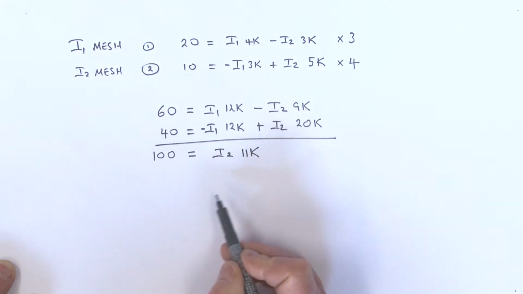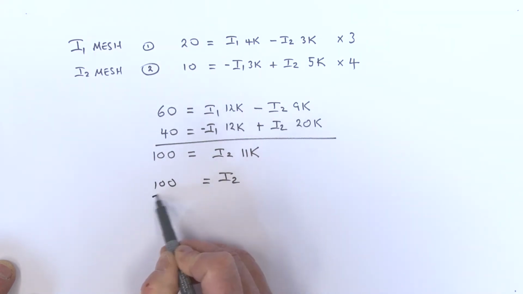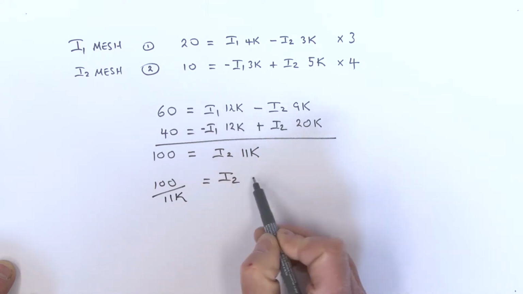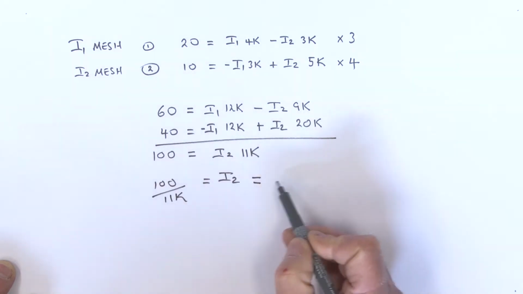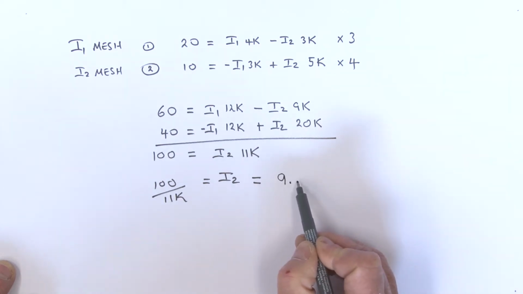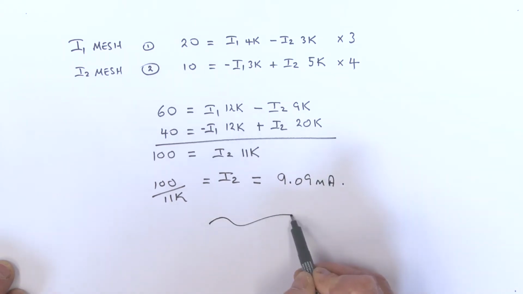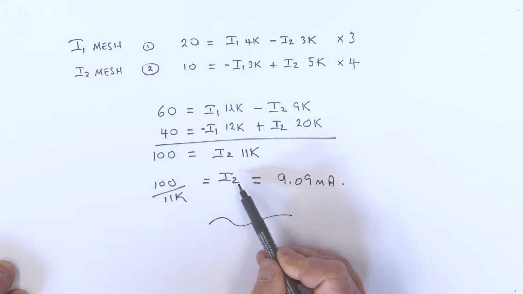Therefore I2 is equal to 100 divided by 11k, which, rounding a little, is 9.09 milliamps. And so we've found I2.